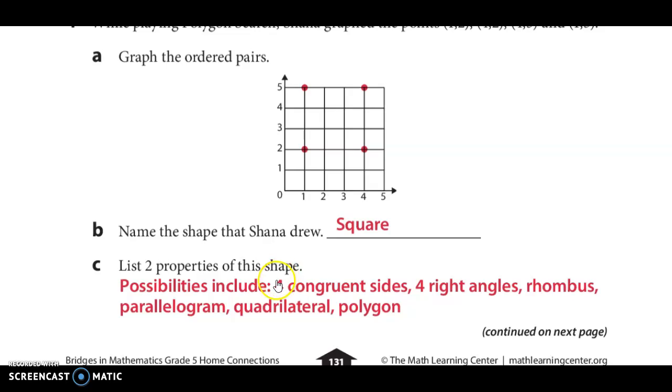So some things that you could have included is there's 4 congruent sides in a square. Squares have 4 right angles. A square is a rhombus. A square is a parallelogram. A square is a quadrilateral. And a square is a polygon. So those could be any of the 2 properties you could have listed.